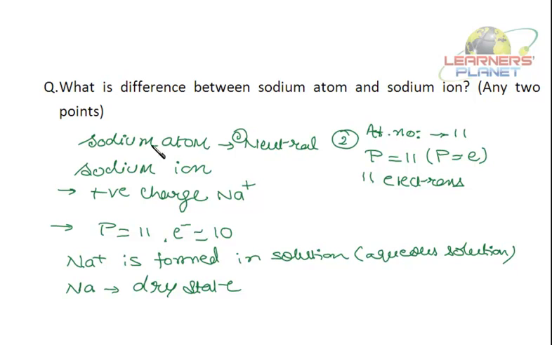So there are a lot of differences between sodium atom and ion. While forming a compound, sodium forms sodium ions. Sodium atom is a constituent of sodium metal. The sodium ion is formed when it is going to react. So the points of difference: first, the atom is neutral, while sodium ion has a positive charge. Then the number of electrons in sodium atom is 11, whereas in sodium ion it is 10.